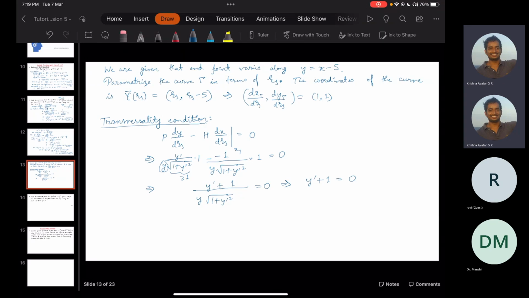Now when we take a look at our curve, I'll just copy the expression for the curve from here.